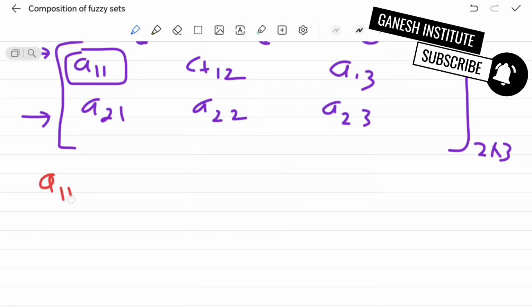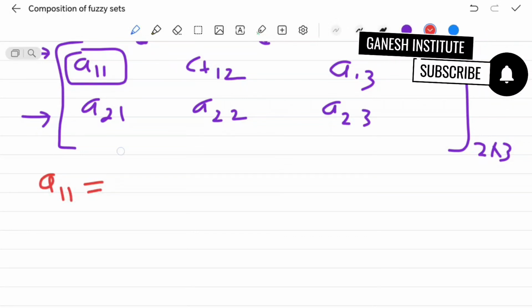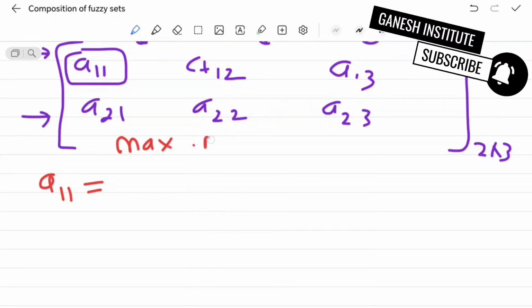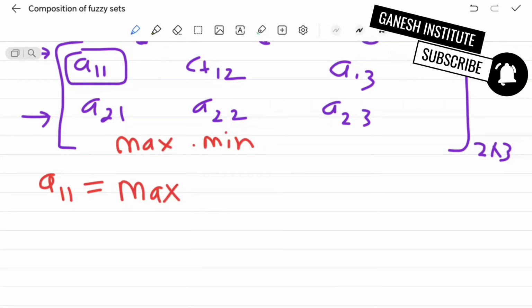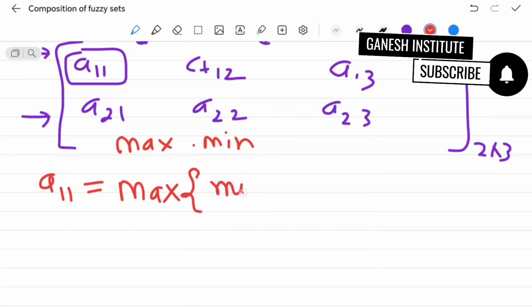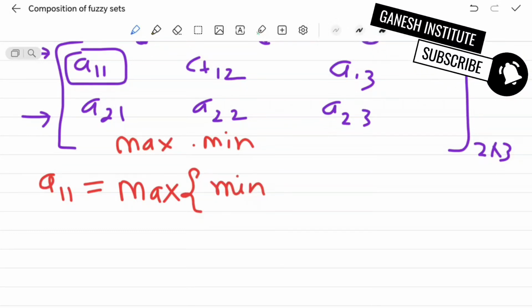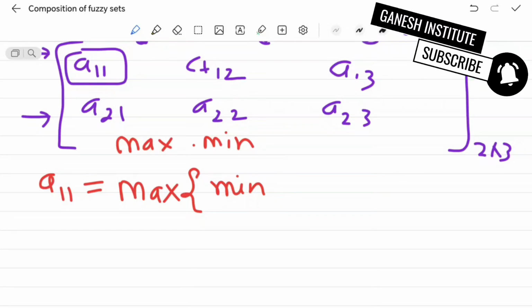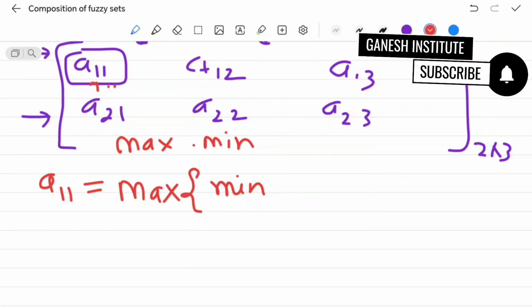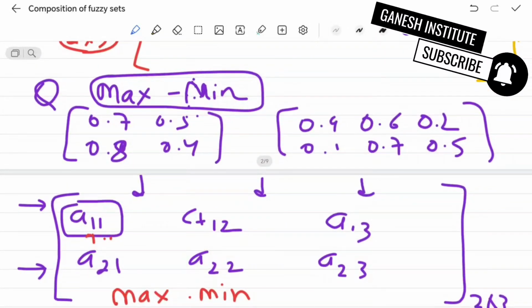For A11, because the composition is max-min, we'll keep max outside and then min inside. Min of what? When we say 1,1, that means first row, first column.